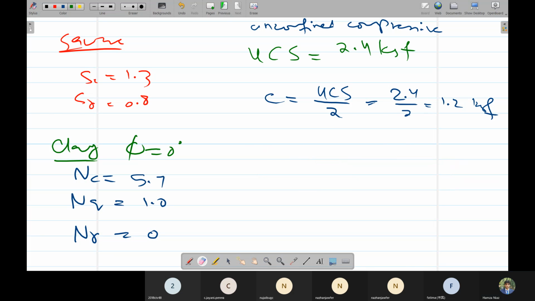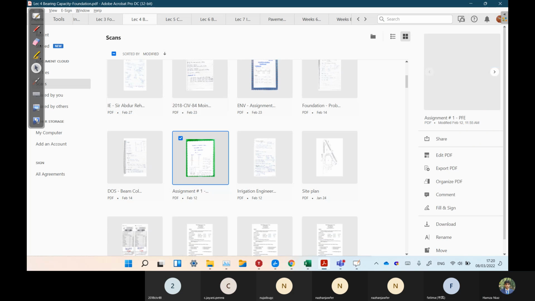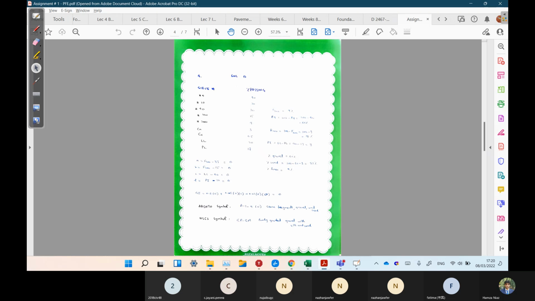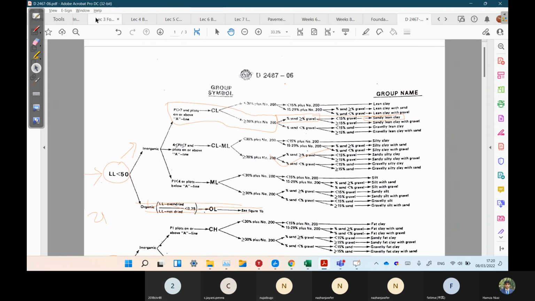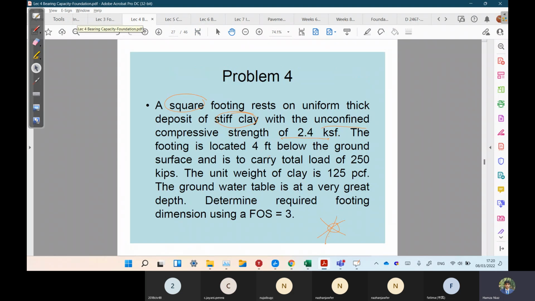So for this question, they are given compressive strength. If they are given shear strength, that is used directly. So this is UCS value 2.4.